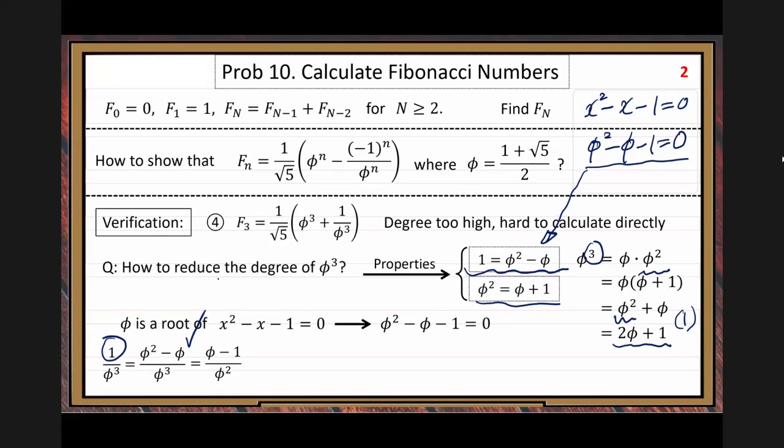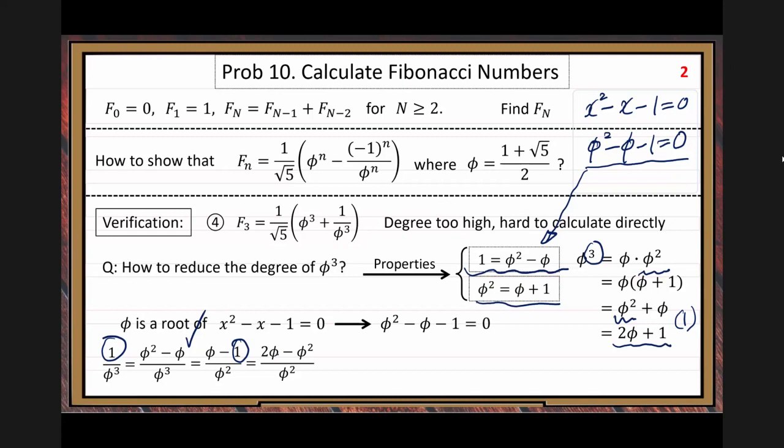So we bring it down a little bit. Now you see the minus 1, that 1. Can you apply the first property another time? When you see 1, you replace 1 by phi squared minus phi, in parentheses. After simplification, you get 2 phi minus phi squared in the numerator, over the denominator phi squared.